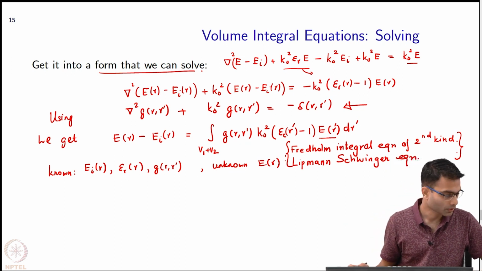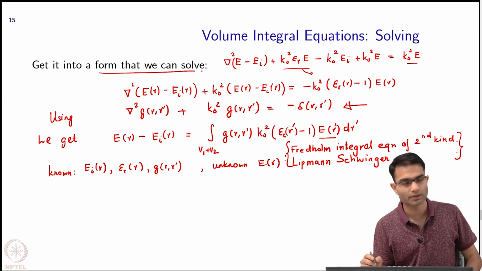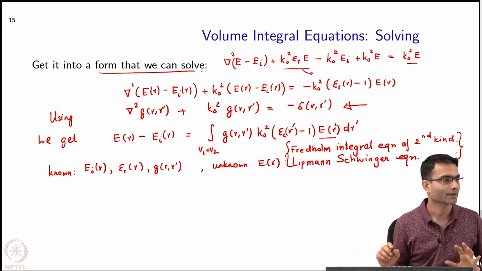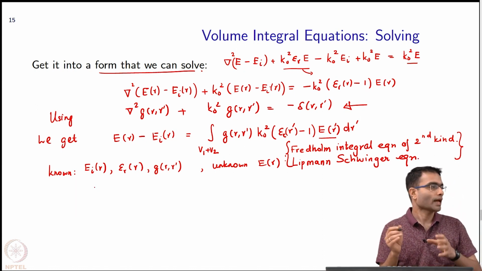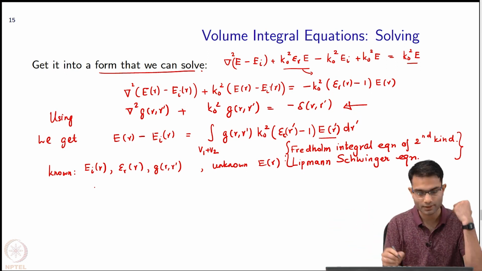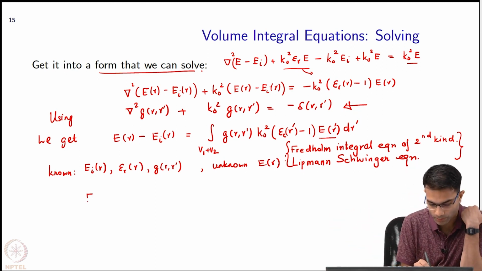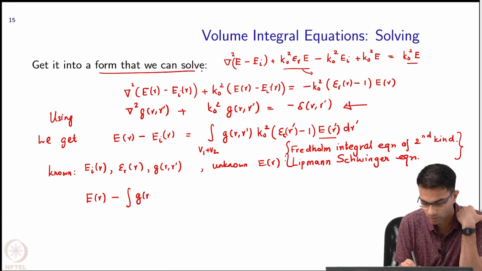Now, let us massage this equation into a form that we can solve. The standard technique is to gather all the unknowns on one side and move as many knowns as possible to the right hand side. It turns out to be a very simple thing to do. I just have to move the integral over here.